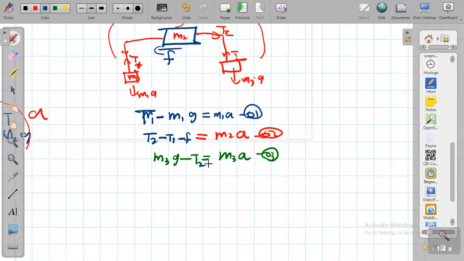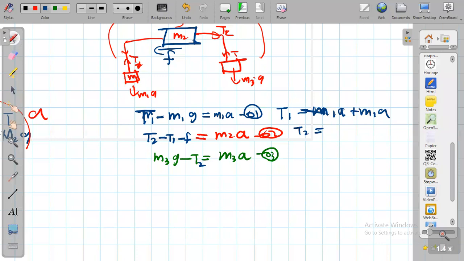Now I have to substitute all the answers to here. From this one, I can take T1 out of it. T1 equals M1A plus M1G.